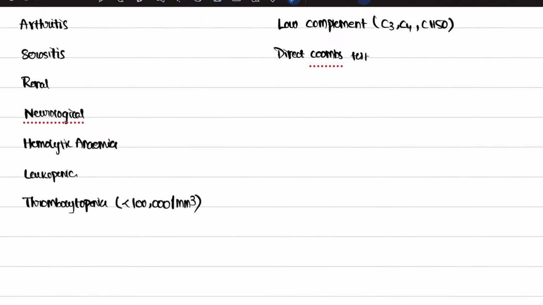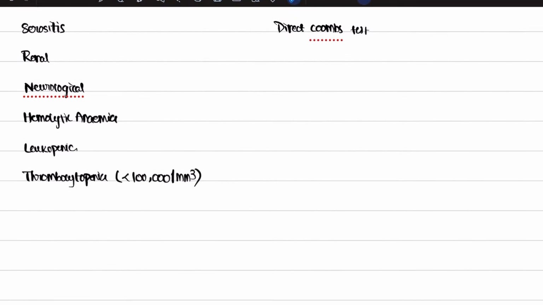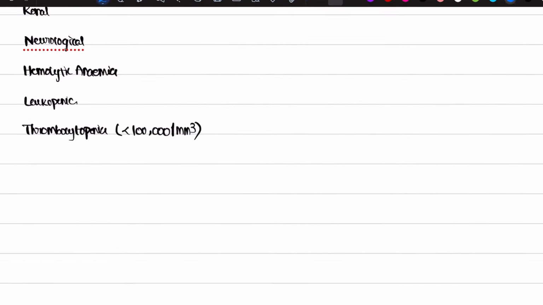So we are done with the criteria as well. Let's come to the prognosis. Like I already told you, the worst prognosis is in females. Females have a worse prognosis compared to males in SLE.